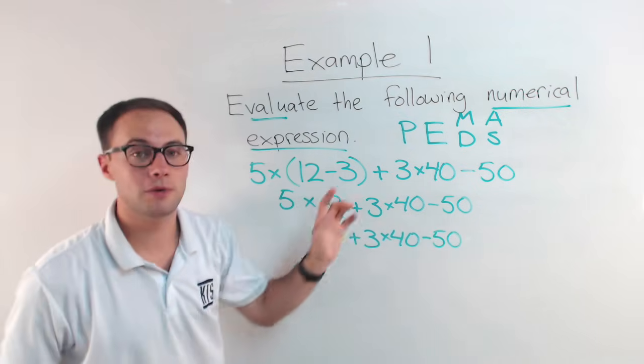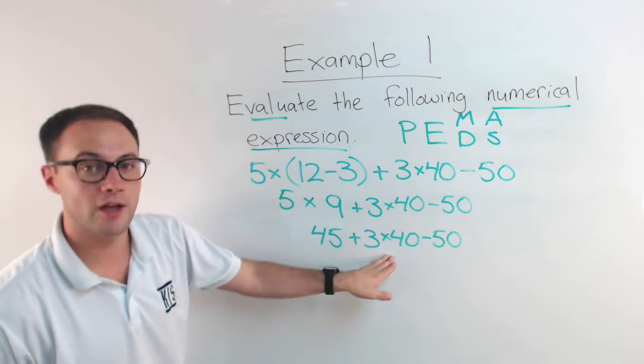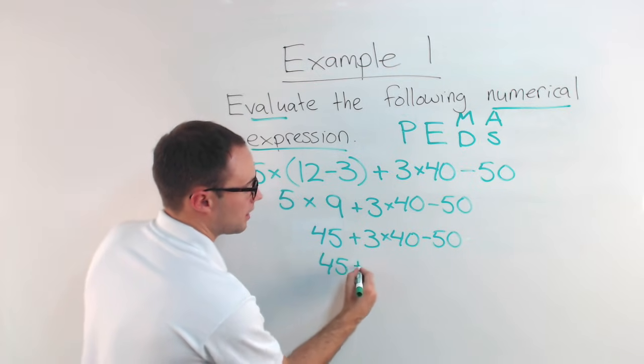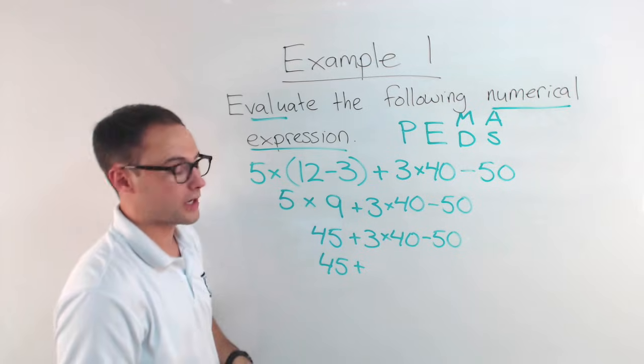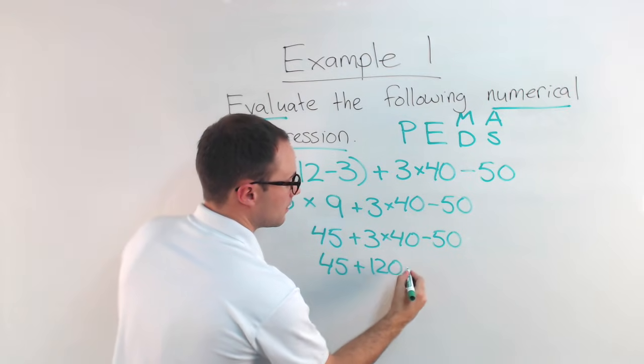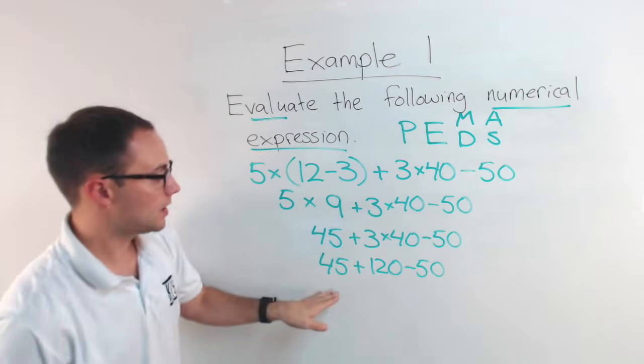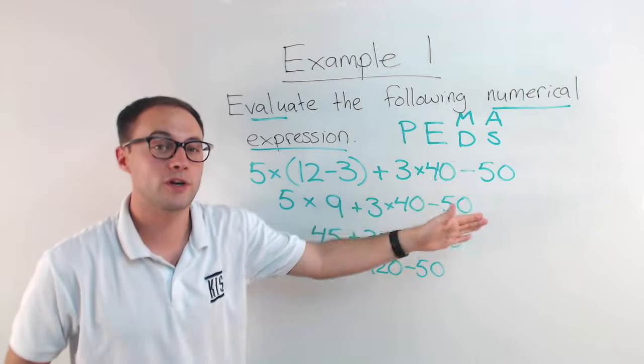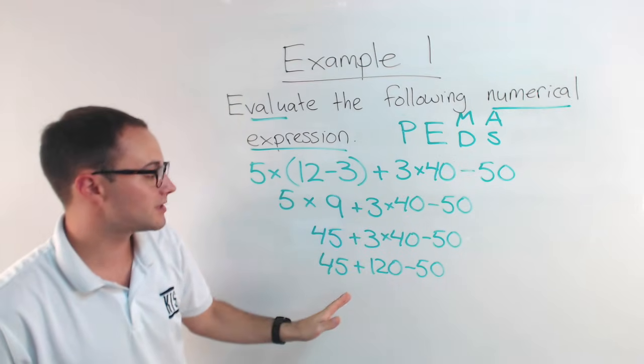Am I done with multiplication or division? No, I have another multiplication here. So now 45 stays the same, plus 3 times 40, which is 120, minus 50. We're done with multiplication and division, so now our last step is addition or subtraction, whichever comes first, left to right.